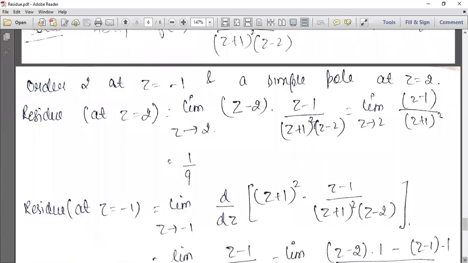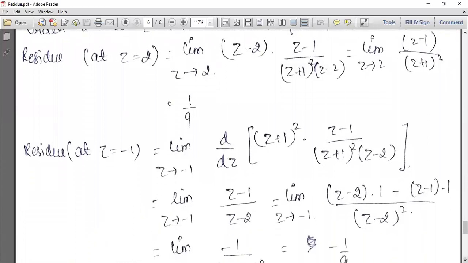Second, I will calculate my residue at z equal to minus 1, which is a pole of order 2. So I will use my second formula where m is 2. So m minus 1 will be 2 minus 1, and 1 factorial is 1. So this will be the limit as z approaches minus 1 of d by dz of z minus z naught square into f of z.